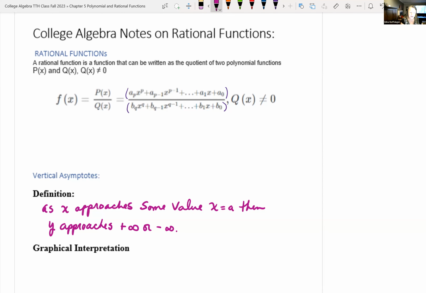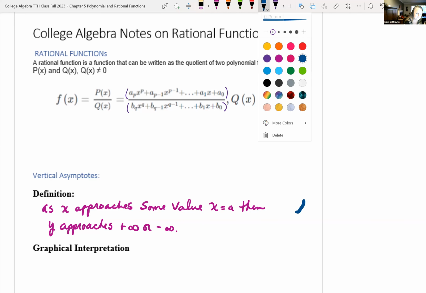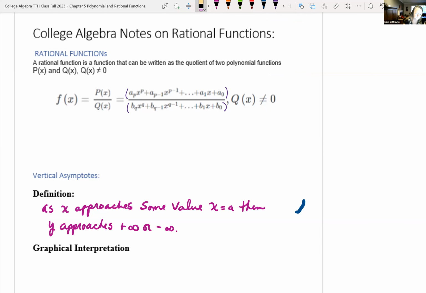So just so that you get used to the notation, and you're going to be seeing this soon, hopefully, when you get into calculus, notation-wise, you'll see the limit.